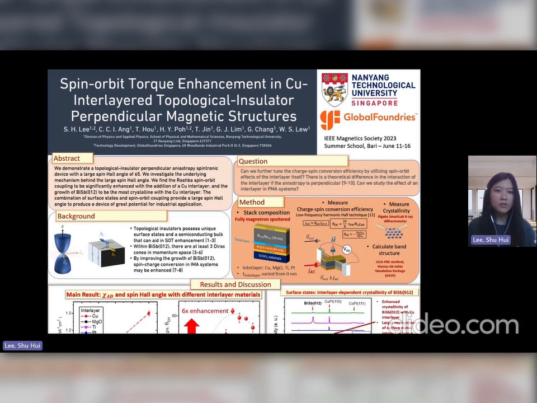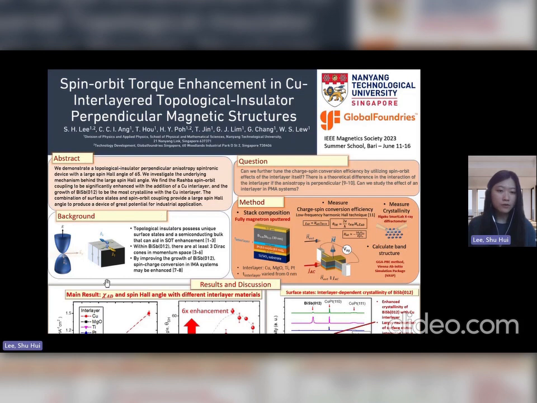We find that the Rashba spin-orbit coupling is significantly enhanced when we add a copper interlayer, as well as the crystalline growth of bismuth antimony in the 012 phase, which is the most crystalline with the copper interlayer. The combination of the surface states and the spin-orbit coupling provides this large spin Hall angle that produces a device that can potentially be used in industrial application.